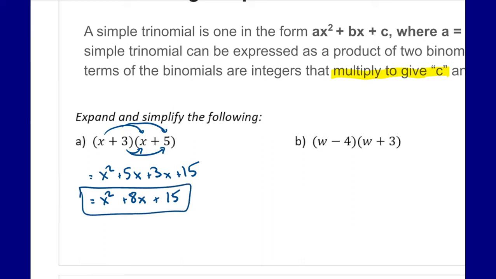What relationship do I see between this and what I started with, or the factored form? Because this is factored, and this is my trinomial. If I look at the factored form and the trinomial, this middle term, this 8x, is the sum of my two middle terms, which also relates to the sum of the two constants in my factored form.